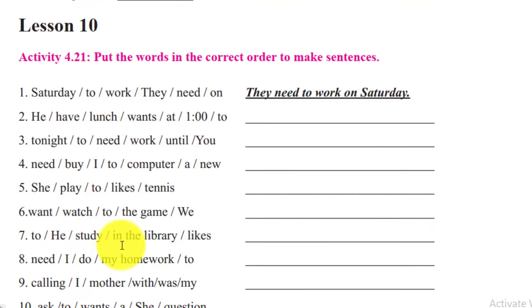Number 8: ሰብጀክቱ I ነው. አሁንም need to የሚል እና do የሚል ቨርቦች አሉ. Need to ሞዳል ኦክሲለሪ ስለሆነ እሱ ይቀደማል: I need to ትላላችሁ, ፈልጋለሁ. ምን ማድረግ? I need to, normally necessity ነው, ግዴታ ነው የሚያሳይ ነው. I need to do, መስራት አለብኝ ነው. ምን መስራት አለብኝ? My homework ትላላችሁ ማለት. Number 9: I እና mother with የሚል አለ.